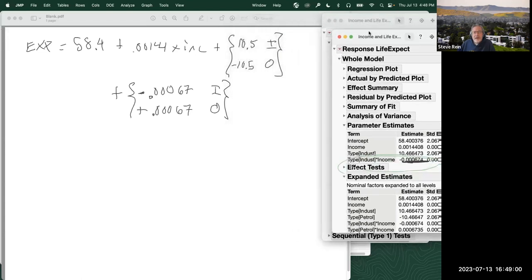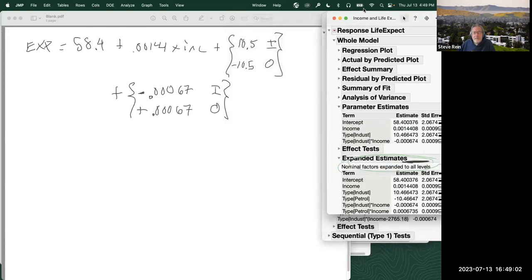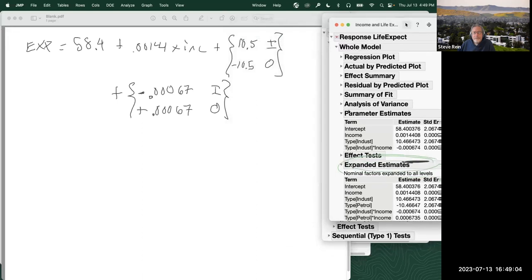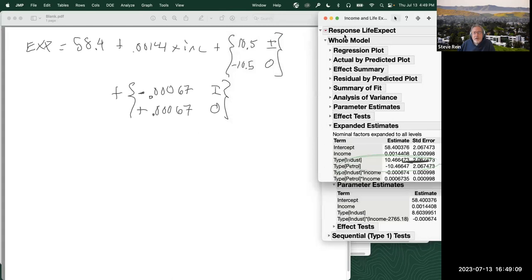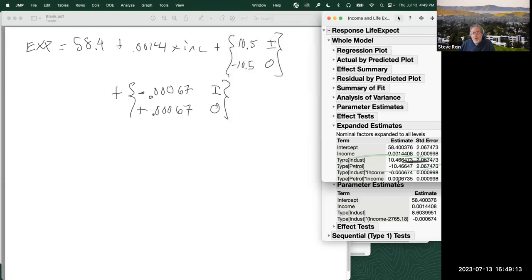Notice with those expanded estimates, we still have our negative 0.00067, but we've got the 0.00067 upwards if it's OPEC. So OPEC seems to be more positively sloped, industrialized more negatively sloped than the average slope across the two separate groups. And we can see again the plus 10.5, the minus 10.5.